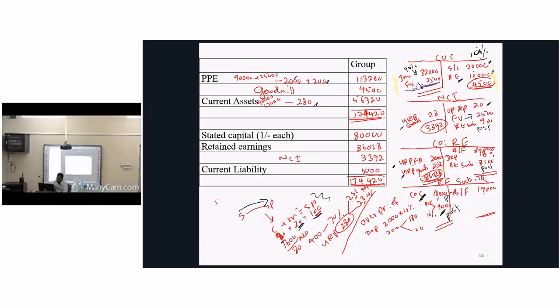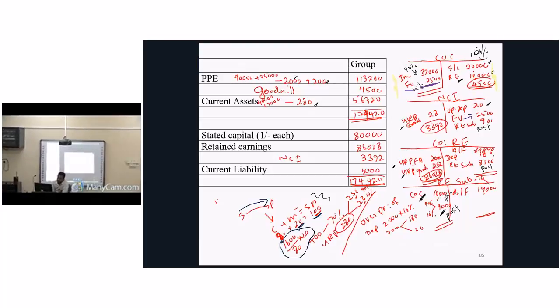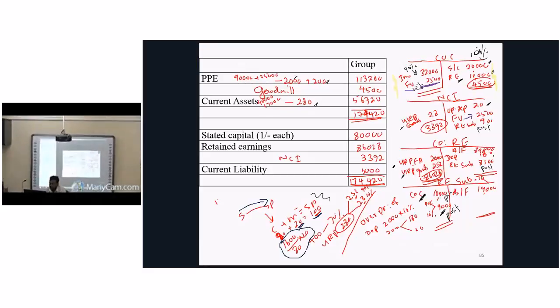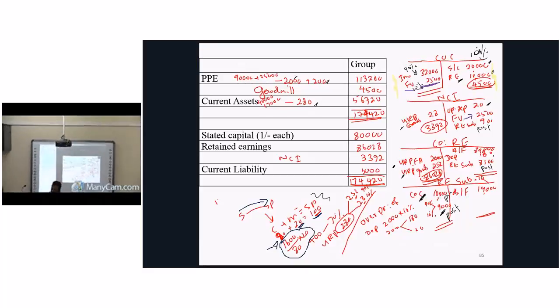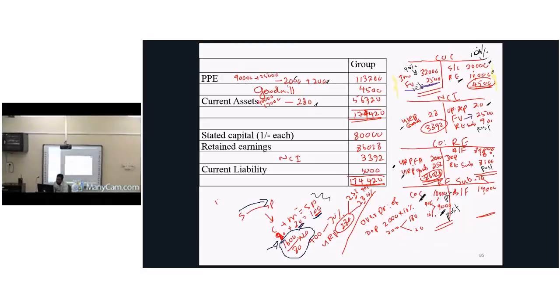Therefore 1,600 divided by 80, multiplied by 20, means total profit is 400.